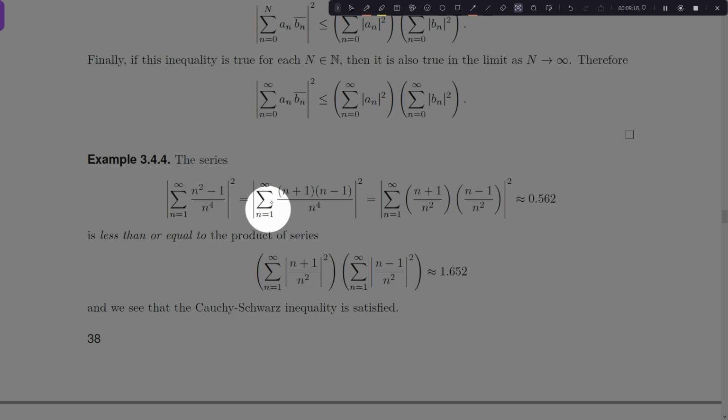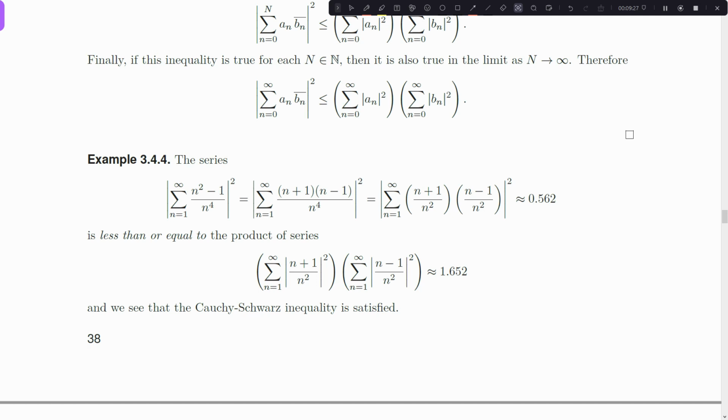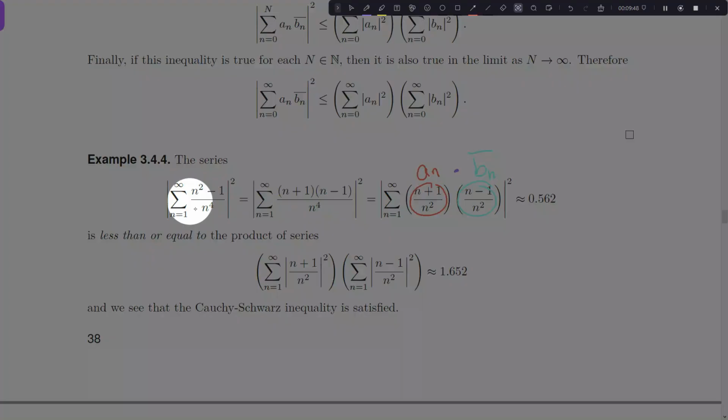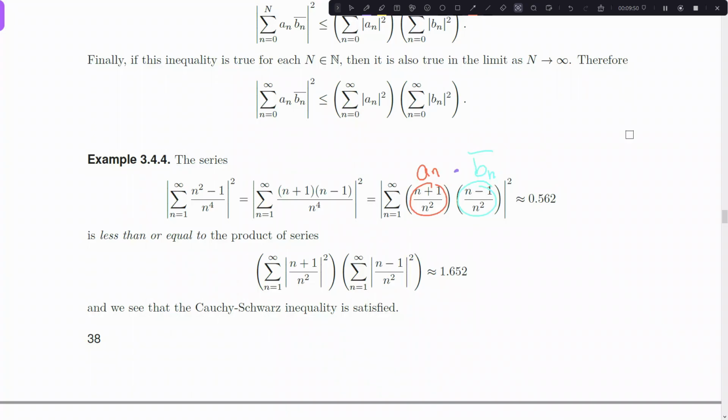And if I break that sum up and pretend like it arose from an inner product of two sequences, maybe my first sequence was a sub n is this, and then b sub n conjugate was this, pretending like it came from two sequences multiplied together, we can see that the sum here was about 0.562.